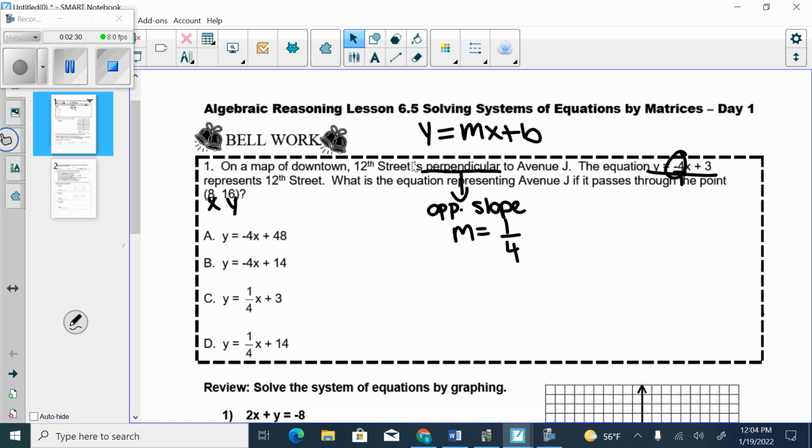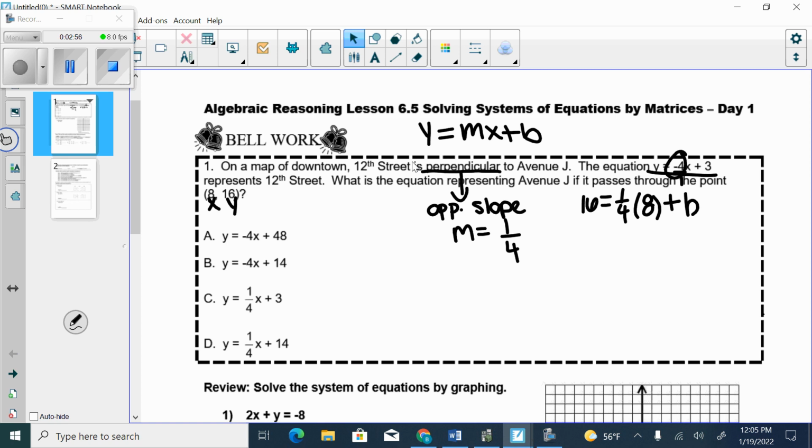Good. 16 is equal to m, which is 1/4, times x, which is 8, plus b. Do we know b? No, so we're just going to leave it as b.